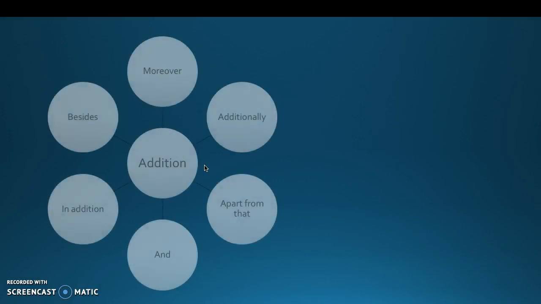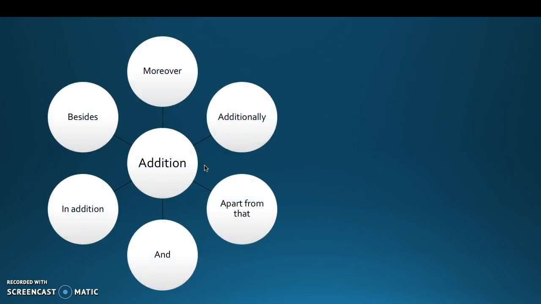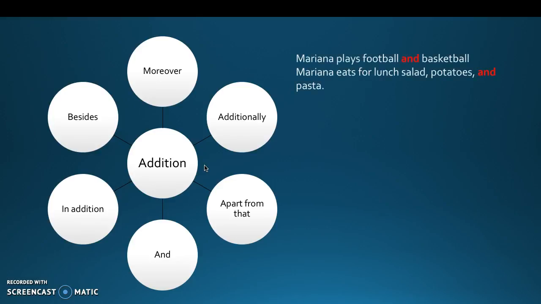So let's get started. The first group that we saw was the addition group, in which we can find all these cohesive devices: moreover, additionally, besides, in addition, and apart from that. Here we can see an example. Basically, it's the same example, but in one case we are not using a comma before and, and in this case we are using a comma.